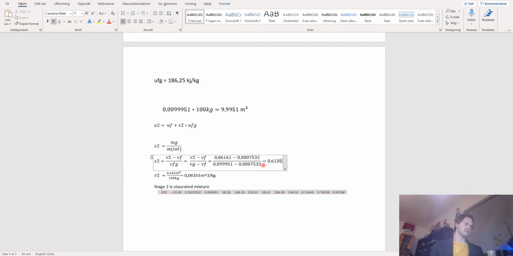That's the mixture quality, like 61.35 percent. This is in percent.